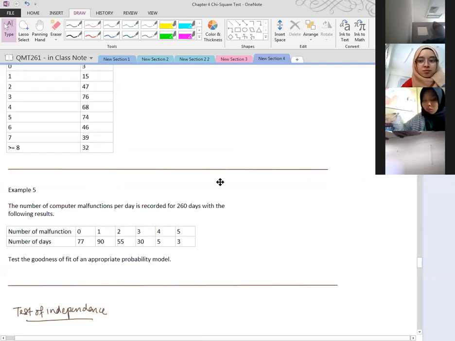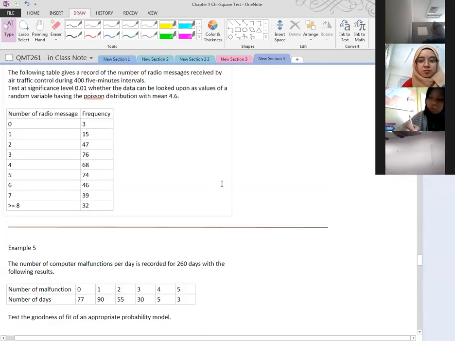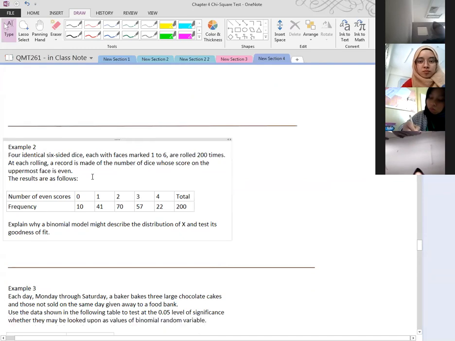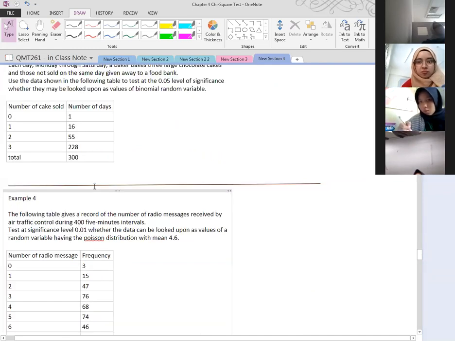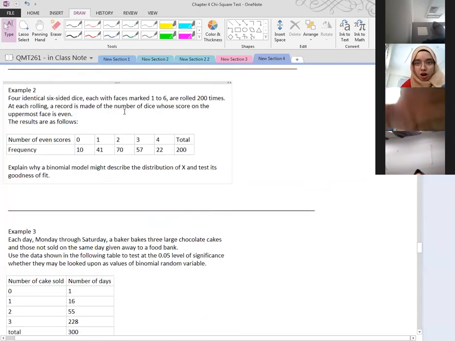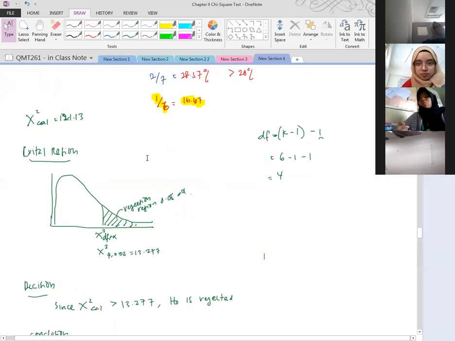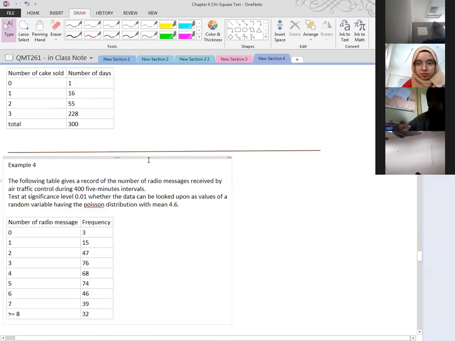Yep, example number 5. Later I will give you these notes. I'm going to leave example number 2, 3 and 4 for you to do by yourself and submit as an assignment, because this is very simple, the same procedure as example number 1. So no need to repeat the same thing.